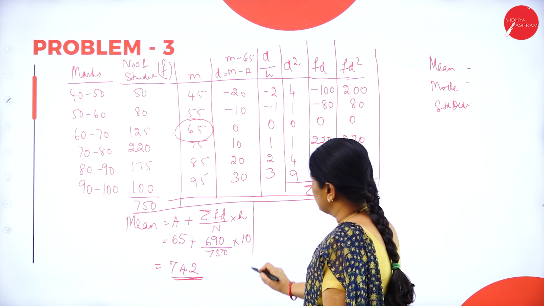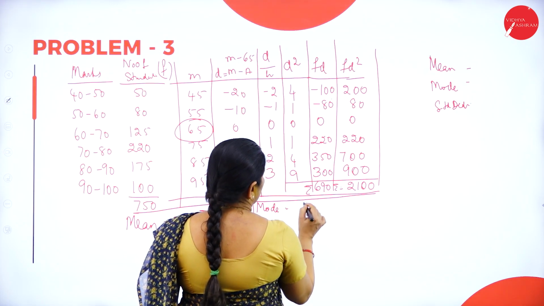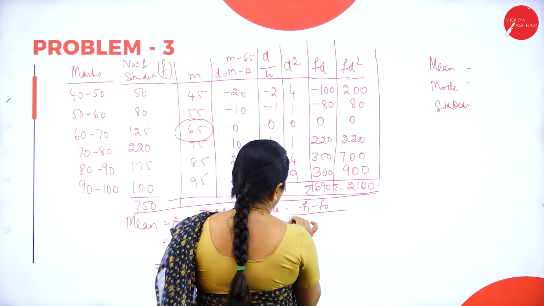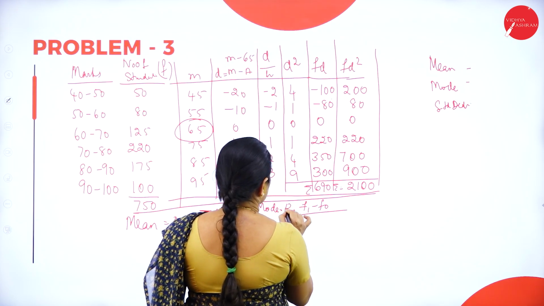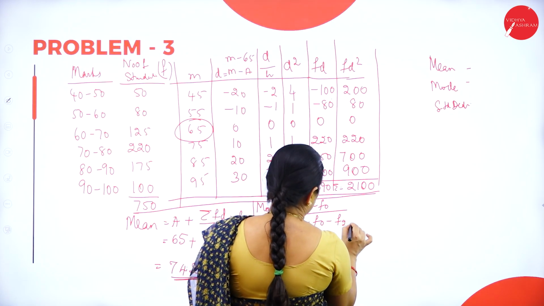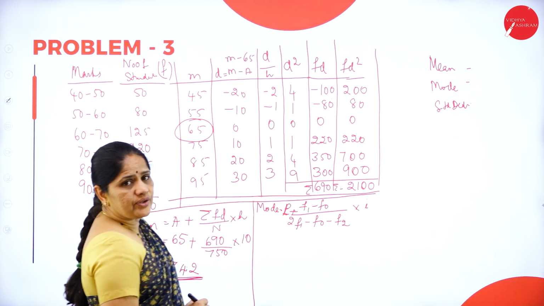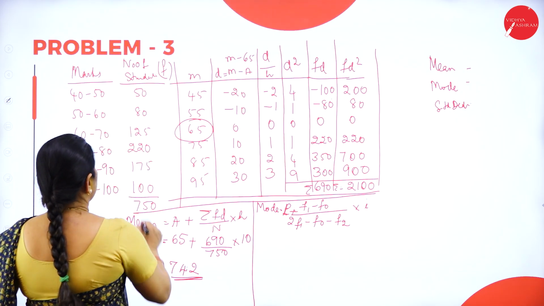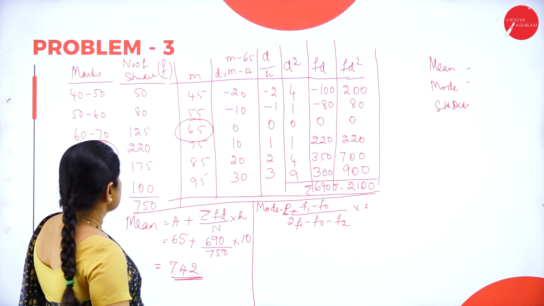Now I have to calculate the mode value. Mode is equal to L plus (F1 minus F0) divided by (2F1 minus F0 minus F2), into i. The mode is the value with the highest frequency, that is 220, so this is the modal class. The lower limit of the modal class is 70.